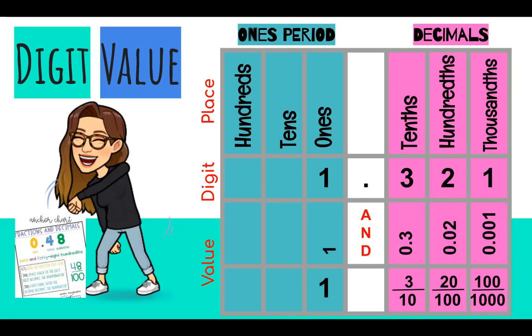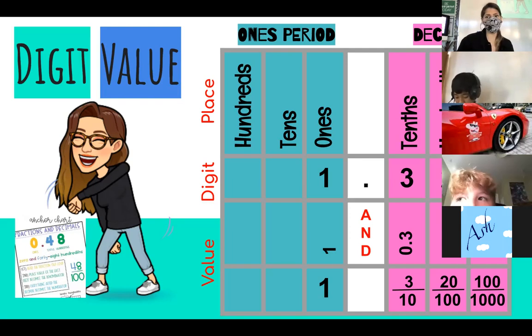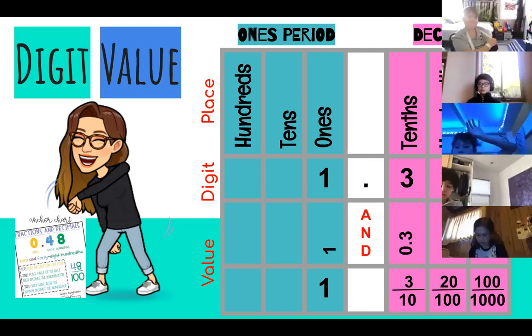We read our number and end our period wherever the final place ends. So for this number, what's the final place we ended on? 1000s. What's anyone at home? What place did we end? Kai?